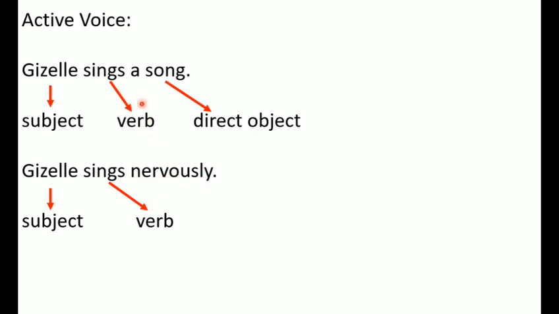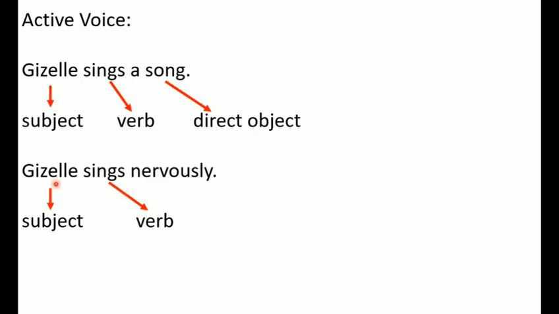So, itong dalawang ito, pareho silang active voice. But, only this one can be transformed or converted into passive voice. Kasi siya ay action verb, gumamit ng action verb na merong direct object. But this one, this is also in active voice, but there is no direct object.